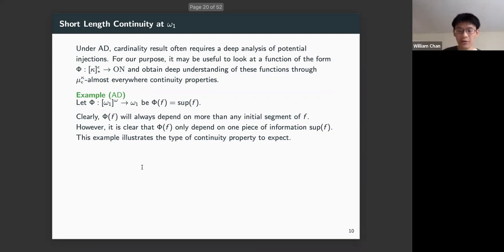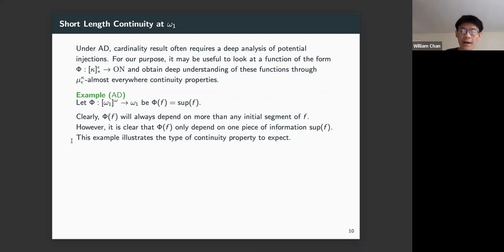Let me take a look at one illustrative example. Let phi from omega_1 to the omega into omega_1 be defined by phi of f is just sup of f. And note that under AD, or even the partition property, omega_1 is a regular cardinal, so this does make sense.